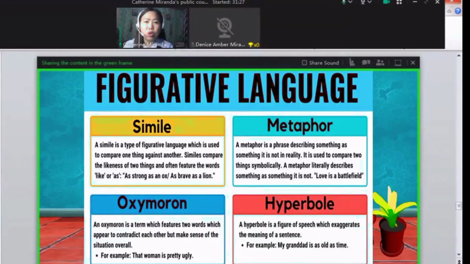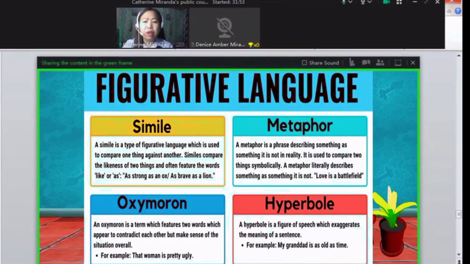As we have mentioned a while back, there are 5 types of figurative language, and these are the simile, the metaphor, oxymoron, hyperbole, personification, and the idiomatic expressions, which are all very helpful for us when we are writing our figurative language. In the literal language, there is no need to make use of figures of speech.